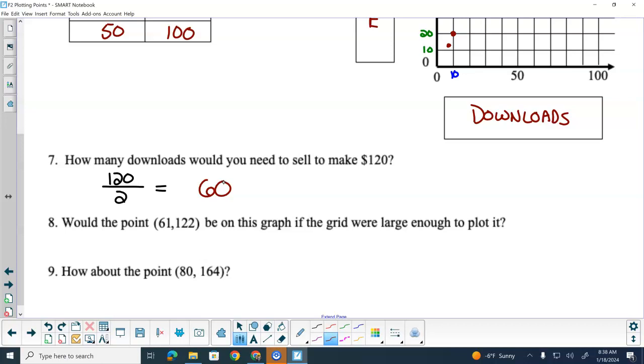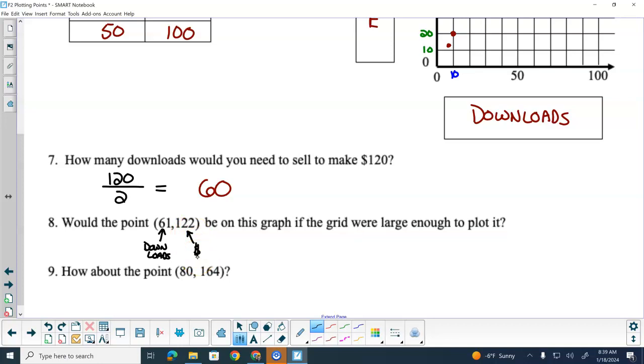Okay. If our grid was big enough to put it up, would the point 61, 122 be on our graph? Well, what were we doing to go from downloads? Because that was our X, right? So this right here was our downloads, and then this was our income, right?